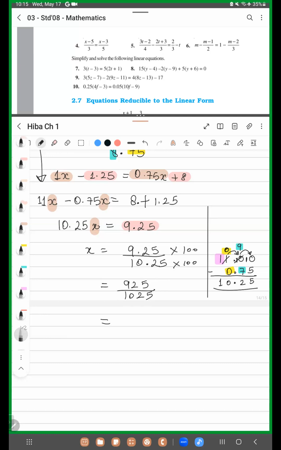ठीक है. Okay. जस्ट अ मिनट. हाँ, ठीक है हिबा, क्लियर हो गया आपको ये सब?